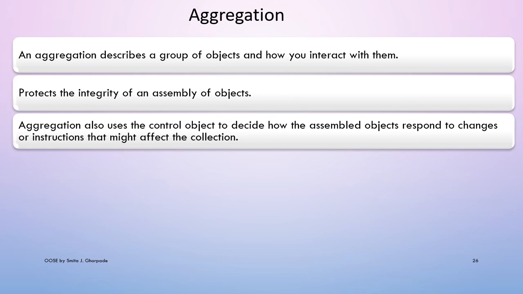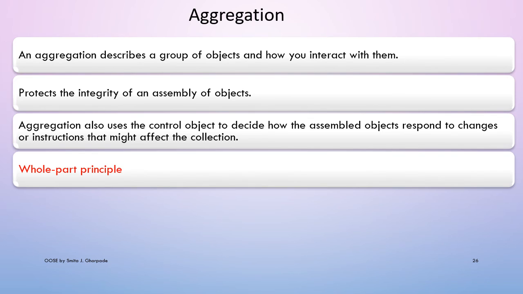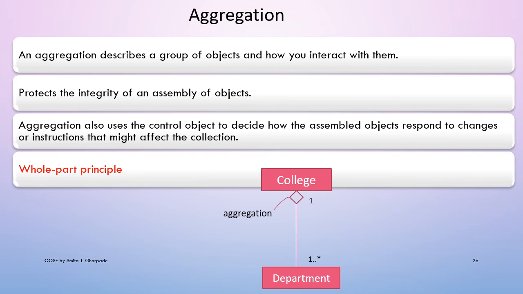Aggregation also uses the control object to decide how the assembled objects respond to changes or instructions that might affect the collection of objects. It supports the whole-part principle.